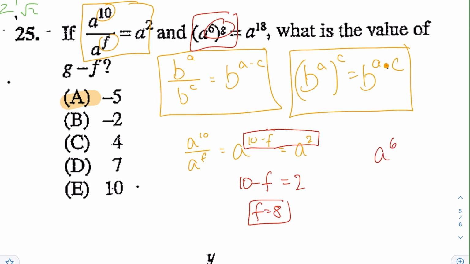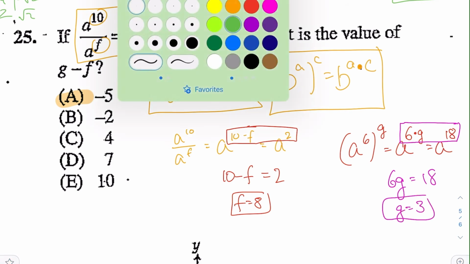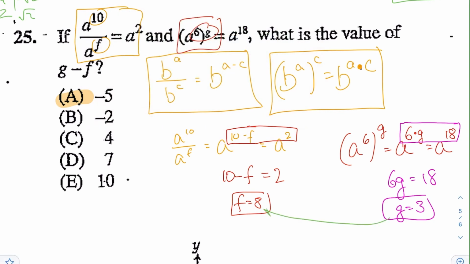So a to the 6th power raised to the g power is equal to a to the 6 times g, and that's equal to a to the 18. So from here, you know that the exponents, 6 times g, must be equal to 18. If you divide by 6, you get that g is equal to 3. Now for the last step, you've got to do g minus f. So that's 3 minus 8, which is equal to negative 5. And that's choice A.